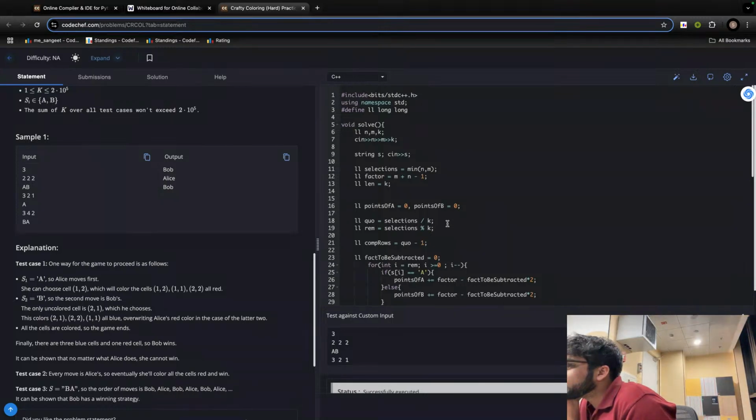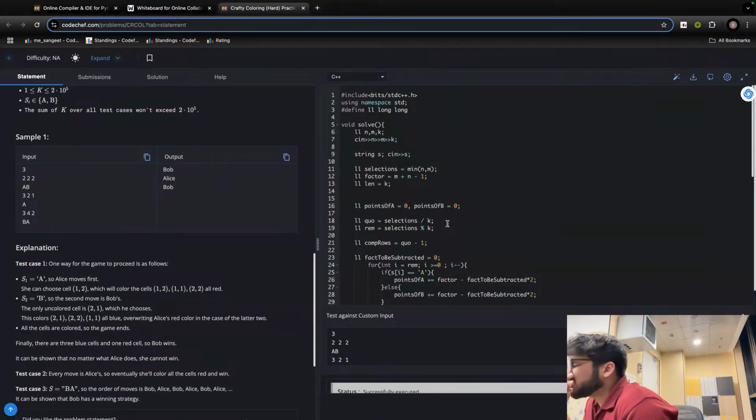If the remainder is 0, why are we even calculating it? It should not be calculated.